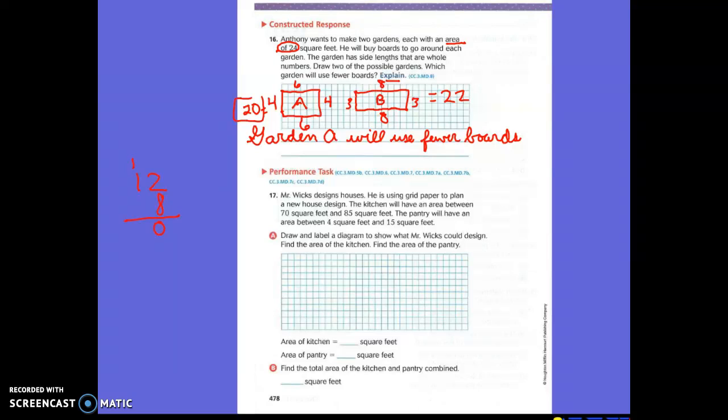Let's just say because the perimeter is 2 fewer feet.